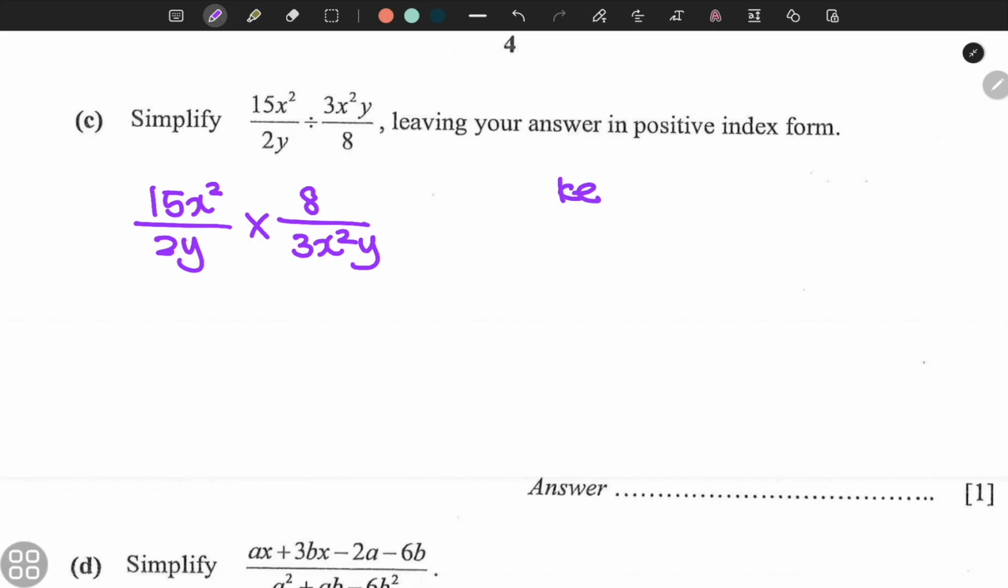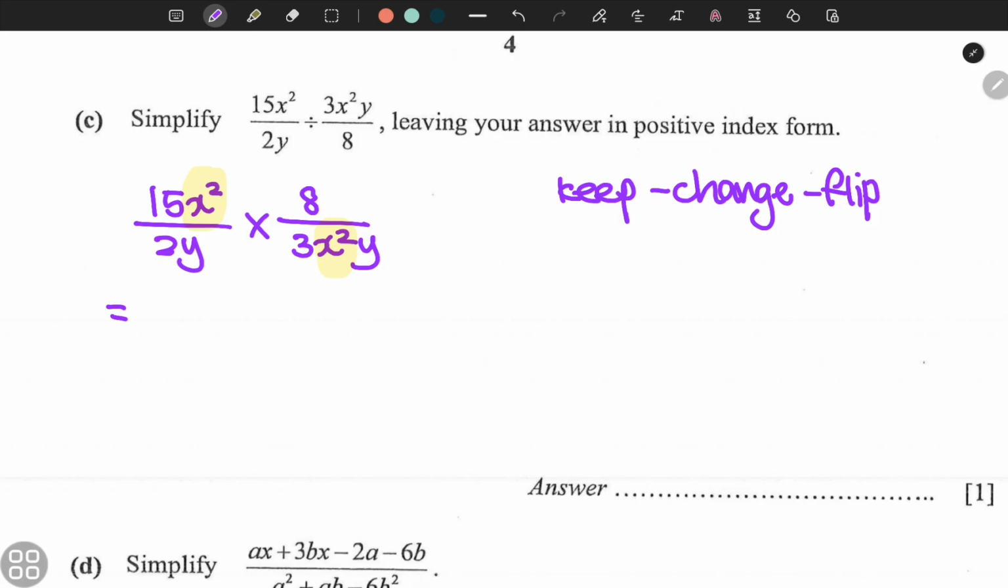So over here I'm using keep, change, flip. Basically, keep the first fraction, change division to multiplication, and then flip the second fraction. Next, I noticed that there are actually some common factors, like for example, there's x squared here, there's x squared here. So they can cancel out each other.